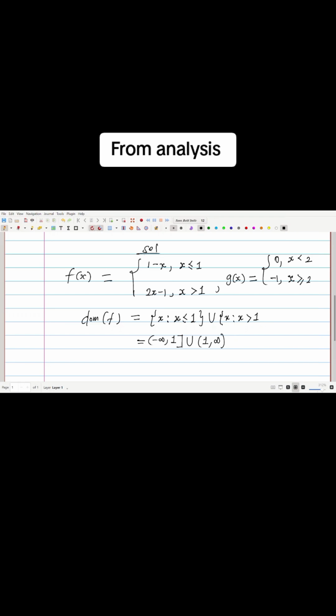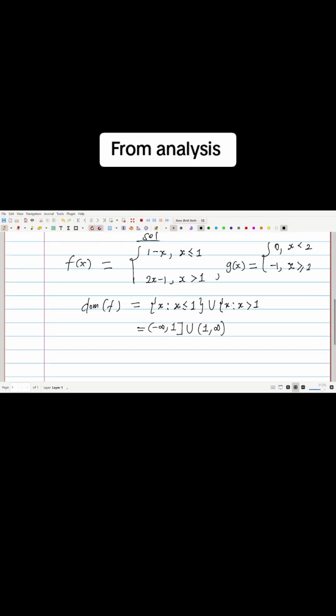All right, so let us look for the domain of g first. Let's look for the domain of g before we do the breakup. Now, domain of g is equal to, writing, in this case, we can say the set of all x such that x is less than 2, union the set of all x such that x is bigger than or equal to 2.